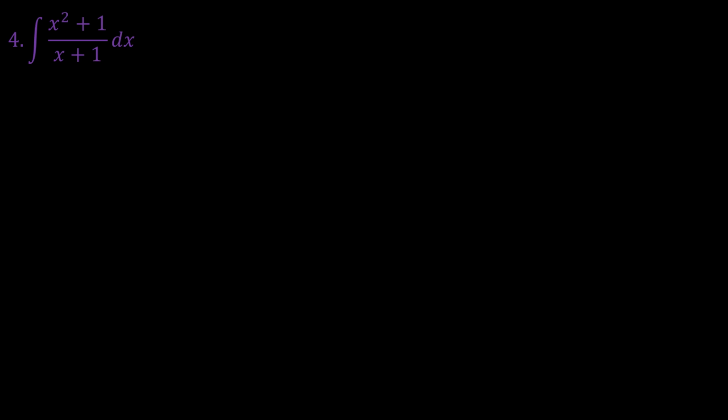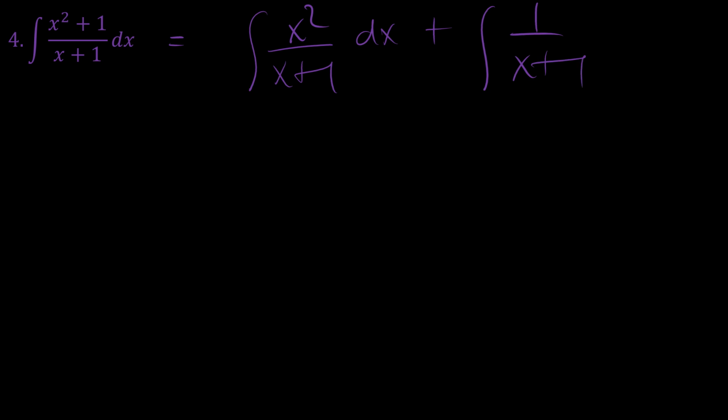The first thing is I could just separate: we have x squared over x plus 1 dx plus the integral of 1 over x plus 1, and obviously it's easy to integrate that, but let's try and create a fraction out of this. The easiest thing is to do a long division.